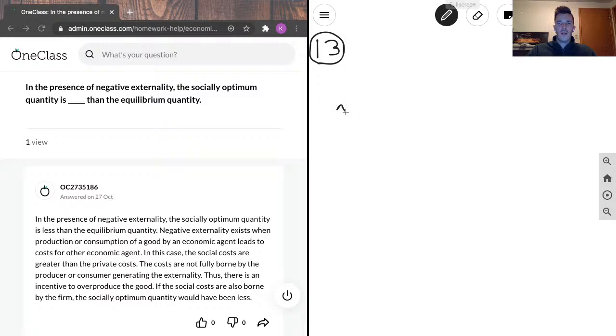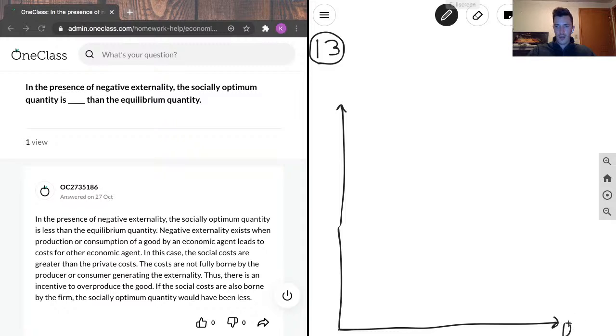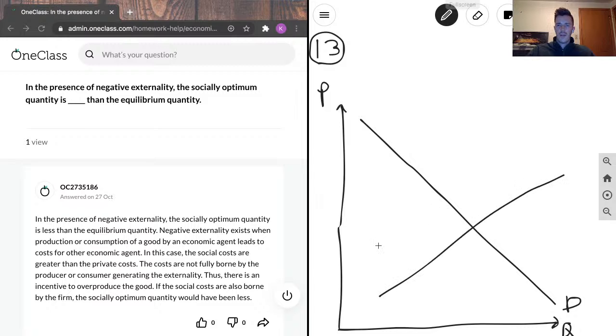I am going to try to draw the chart for this by memory. I'll check it after to make sure I got it right, but I think I remember it. So we've got our demand curve, and we're going to have 2 or 3 upward sloping curves.